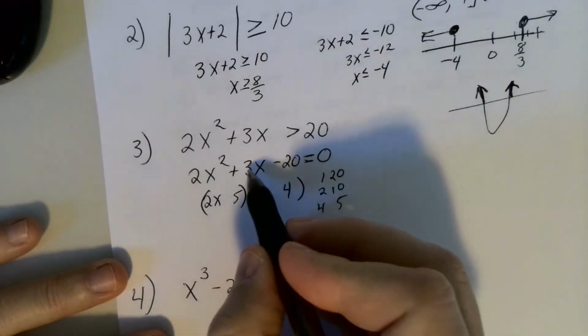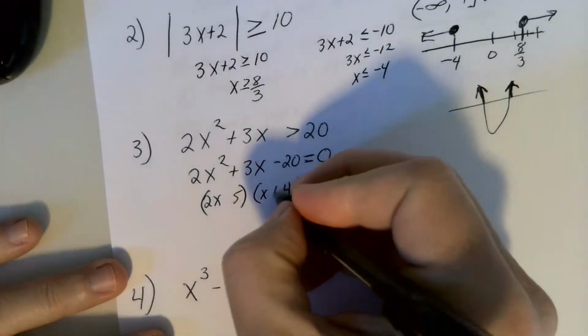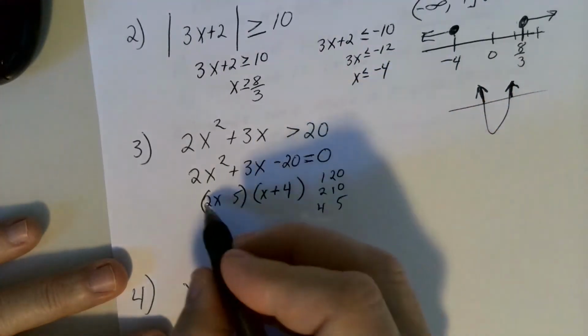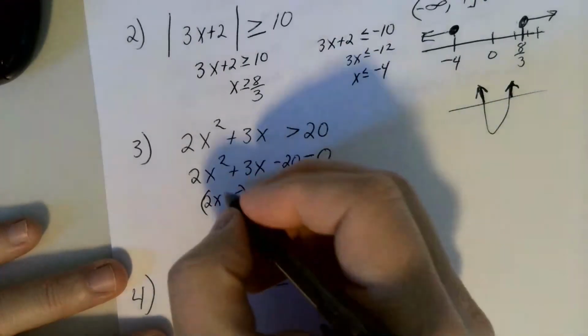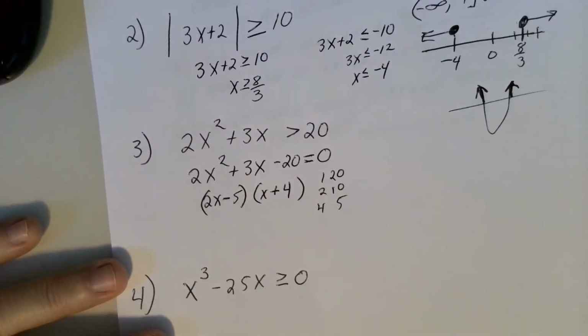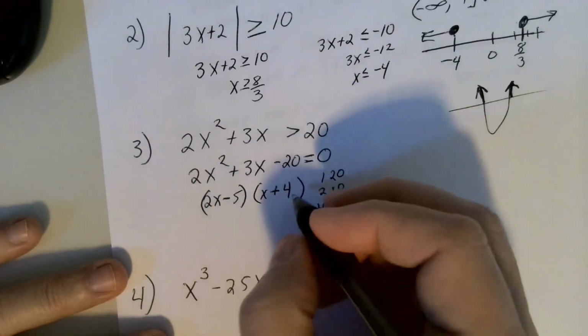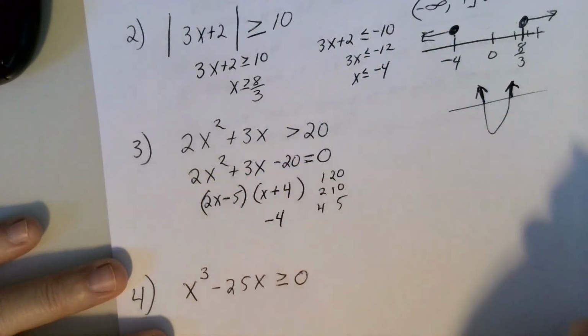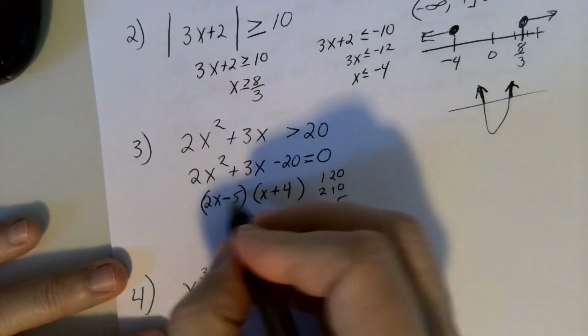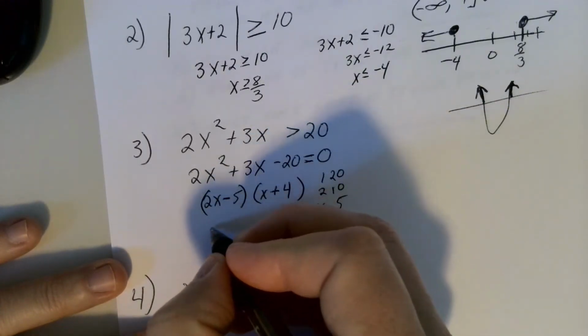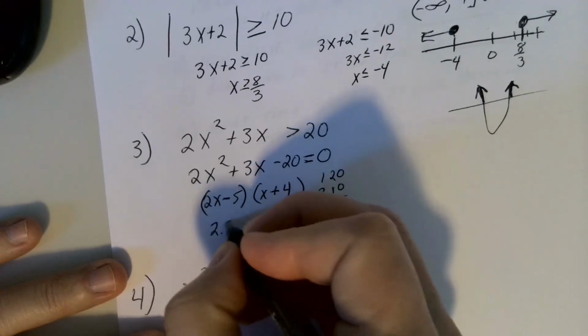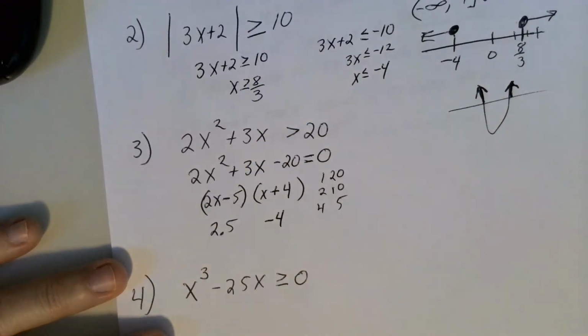I know I need this to be positive 3, so the 8, or the 2 times the 4, has to be the positive 8, and then that's a minus, which means the two places that it hits the x-axis are at negative 4, and right over here at 2.5, or 5/2.